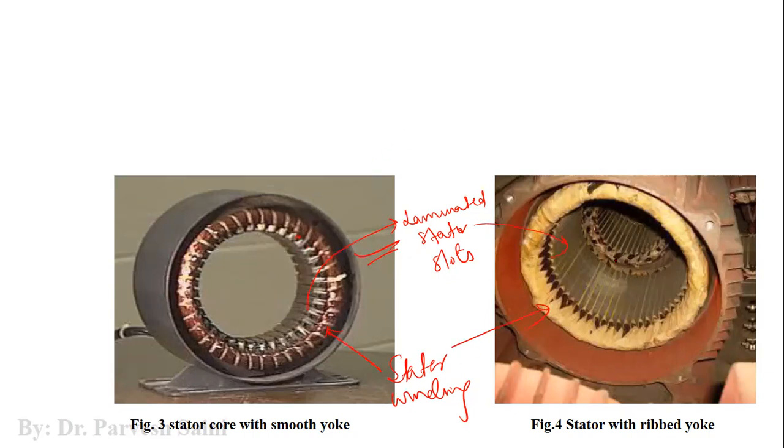But the difference you can see in these two types of stators is that in this one the outer part is totally smooth, and that is why we call it a smooth yoke.